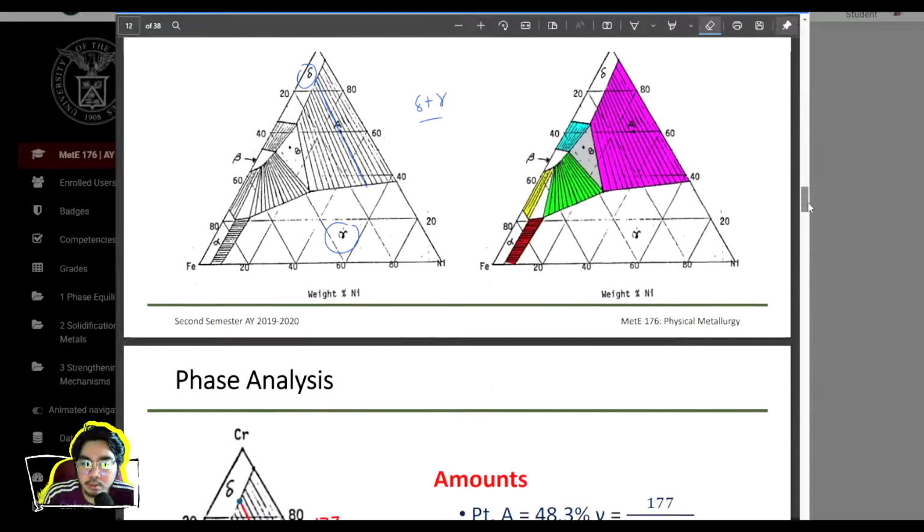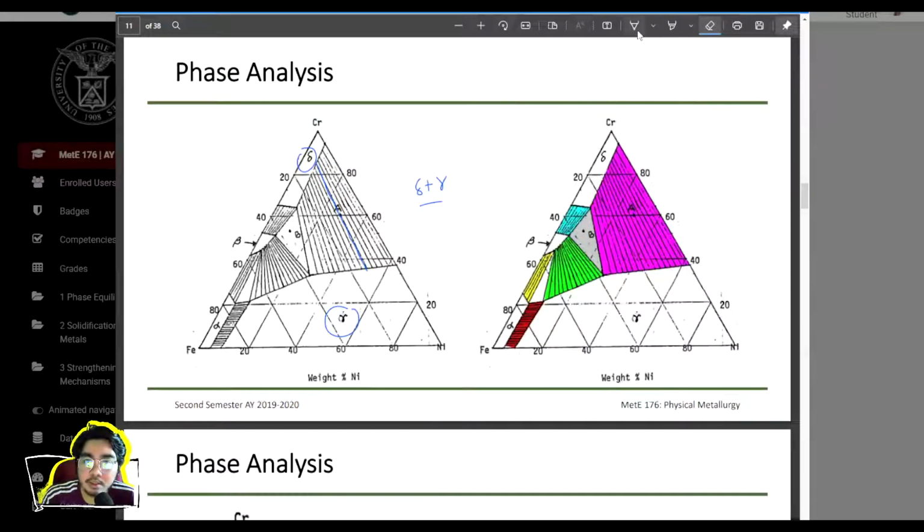So this occurs when you have a three-phase region. You know that it's a three-phase region if it has three apexes, and each apex is connected to a single phase region.